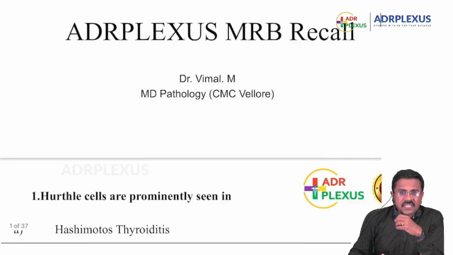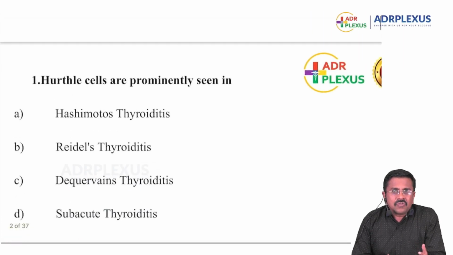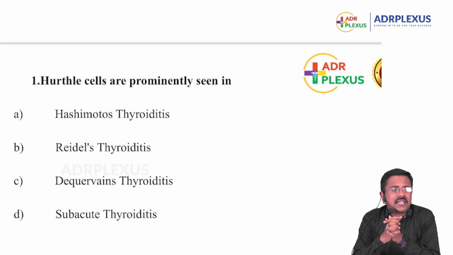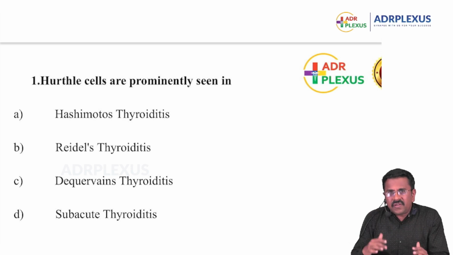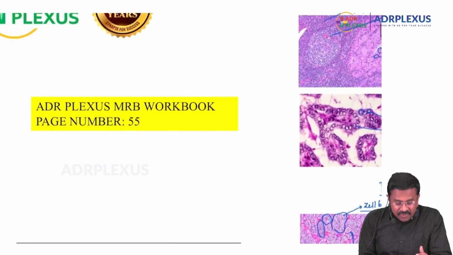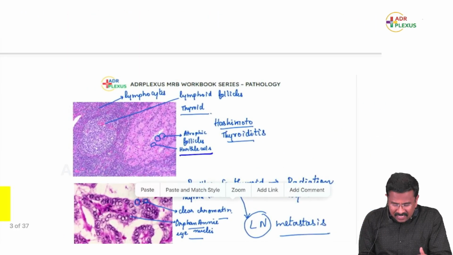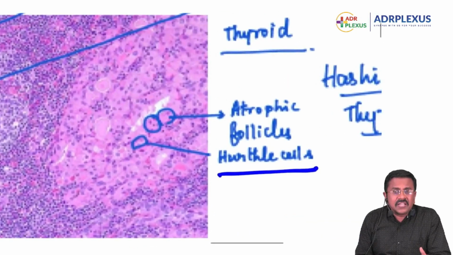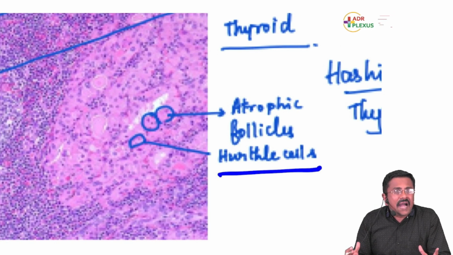Let's go to the first question. Hurthle cells are prominently seen in, and the options are Hashimoto thyroiditis, Riedel's thyroiditis, De Quervain's thyroiditis, and subacute thyroiditis. Let's see what we have discussed in our workbook. In the MRB workbook page number 55, we discussed Hashimoto thyroiditis, and I hope you remember that we discussed Hurthle cells, which are large cells with abundant eosinophilic cytoplasm, also called Askanazy cells or oncocytic cells.